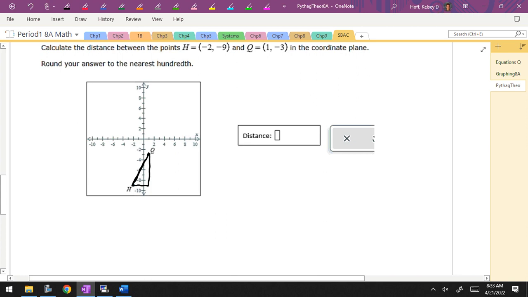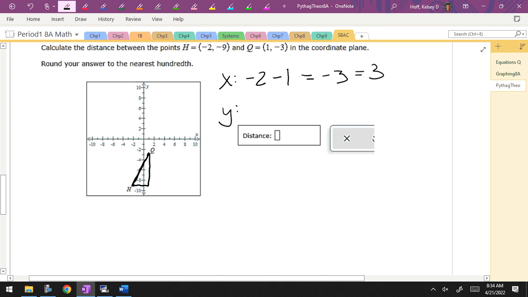Okay? So for our x's, I'm going to take -2 minus 1, which is -3. Now, I don't want a negative. This is where we just automatically make it positive, so it's 3.